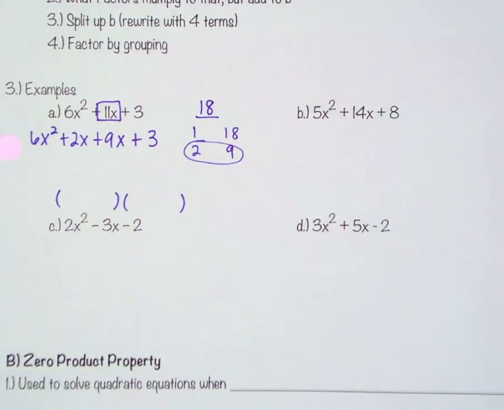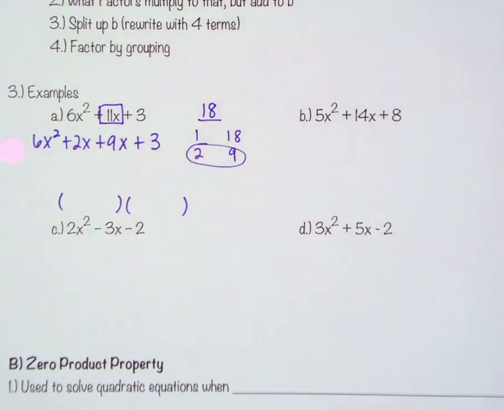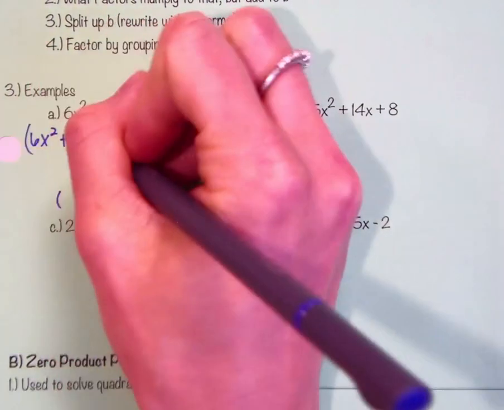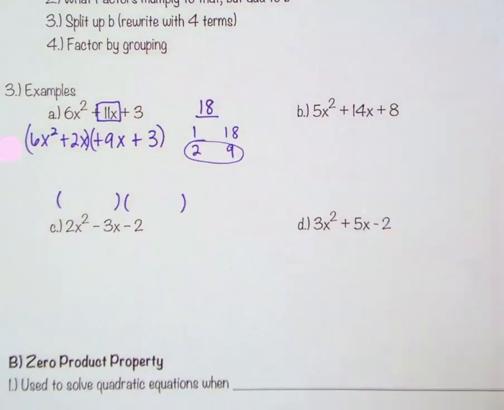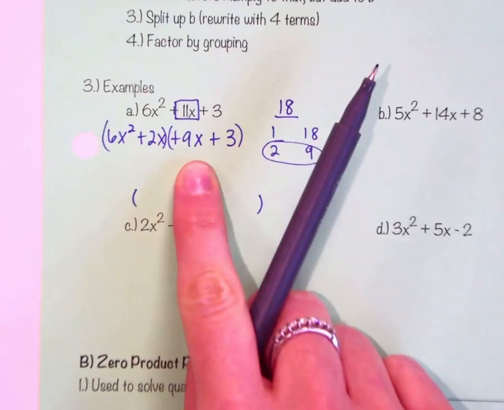So then we think about where we go from here. Well, last class we learned that when you have 4 terms, you factor by grouping. So that's exactly what we're going to do. We took this trinomial and manipulated it to make 4 terms. So now we group these two and take the greatest common factor out of each.